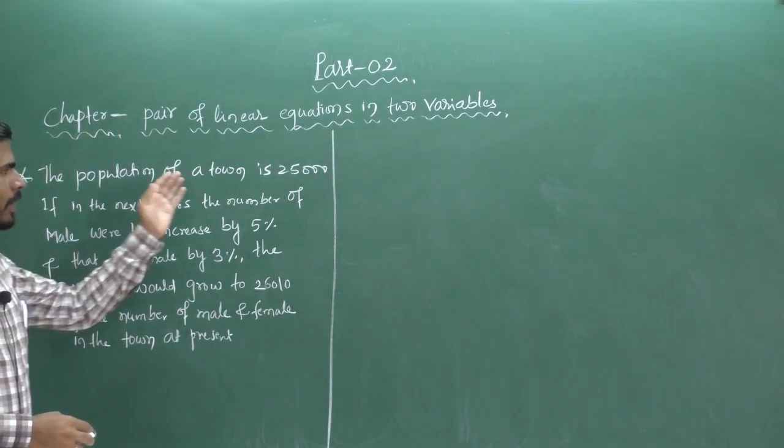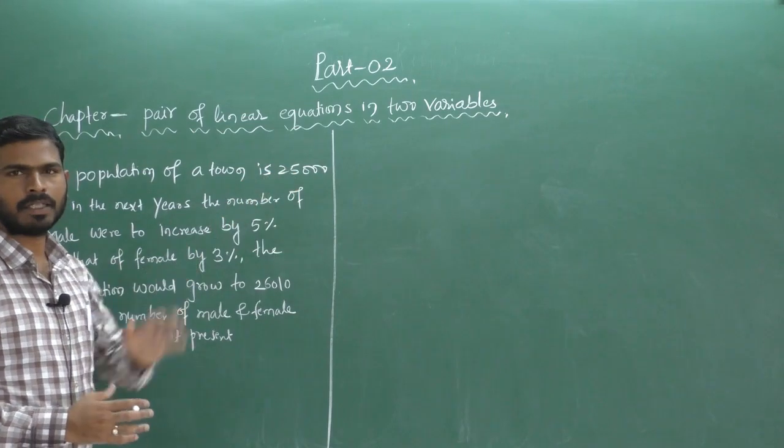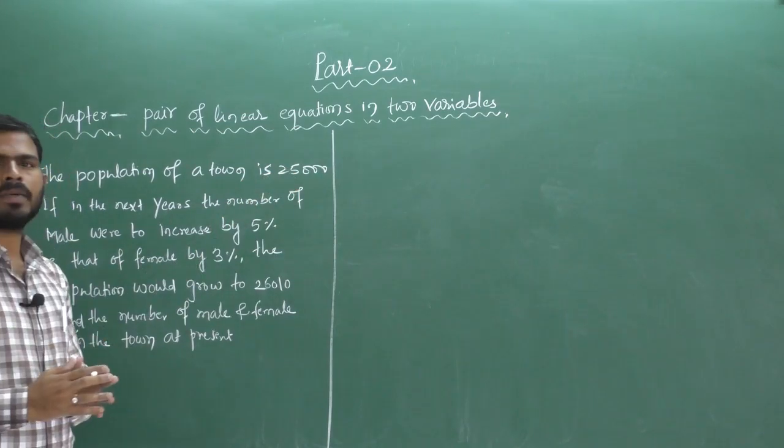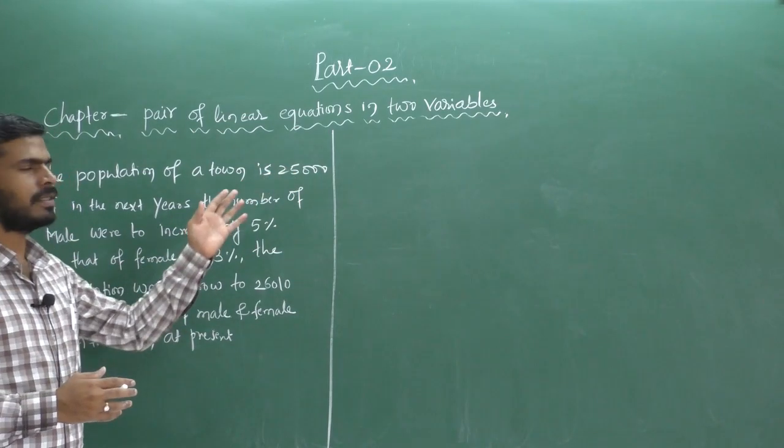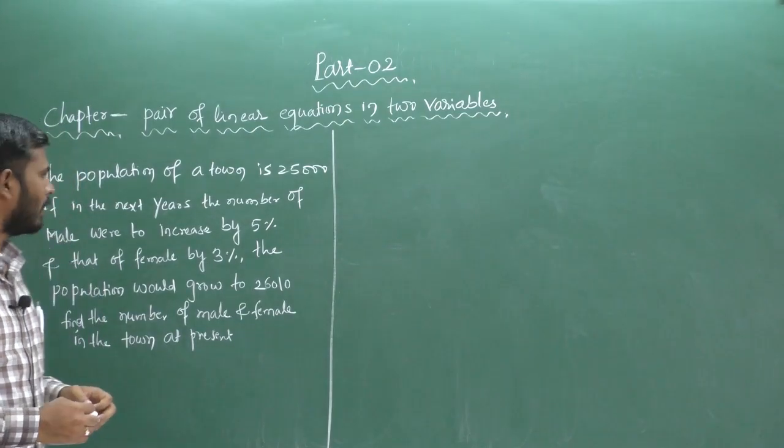The population of a town is 25,000. The present population of the town, as the example here gives, is 25,000.